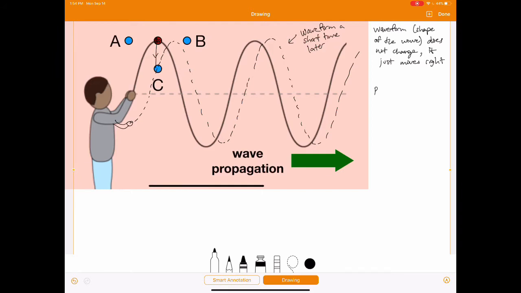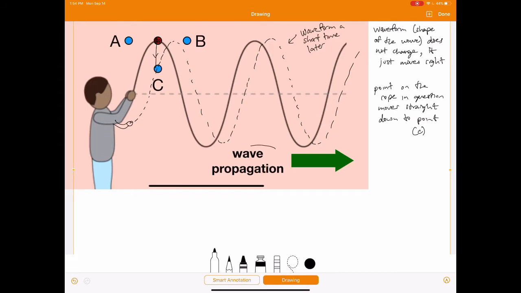So the point on the rope in question moves straight down to point C. And this is a really important thing to remember about waves in general, okay?